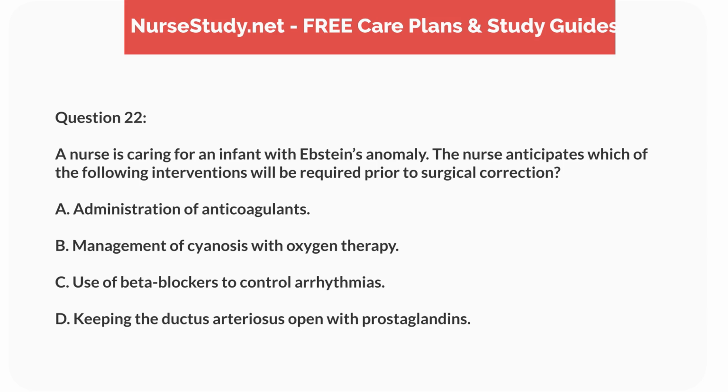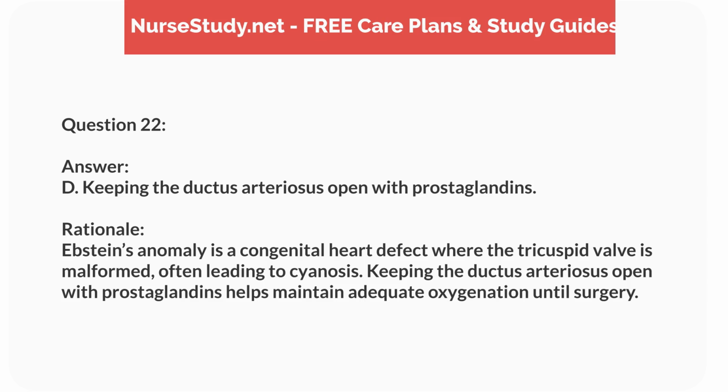D. Keeping the ductus arteriosus open with prostaglandins. Answer: D. Keeping the ductus arteriosus open with prostaglandins. Rationale: Ebstein's anomaly is a congenital heart defect where the tricuspid valve is malformed, often leading to cyanosis. Keeping the ductus arteriosus open with prostaglandins helps maintain adequate oxygenation until surgery.